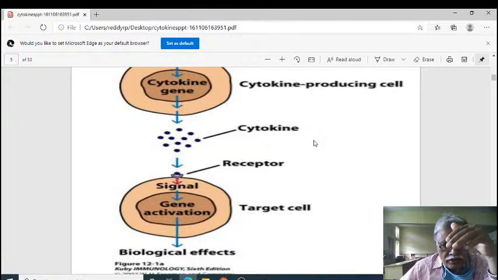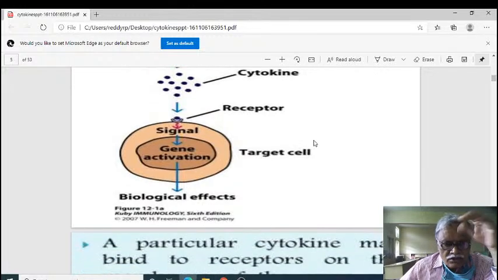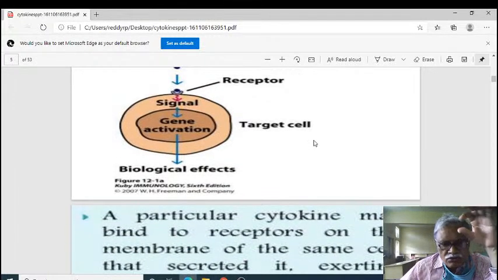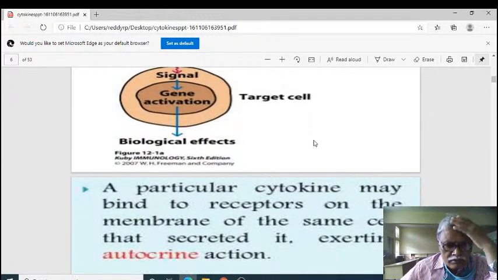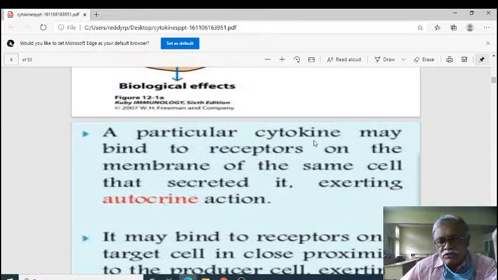It goes and attaches to the target cell or any other cell. This is the biological effect of cytokine, which will go and become adherent to the other cells, like infection.